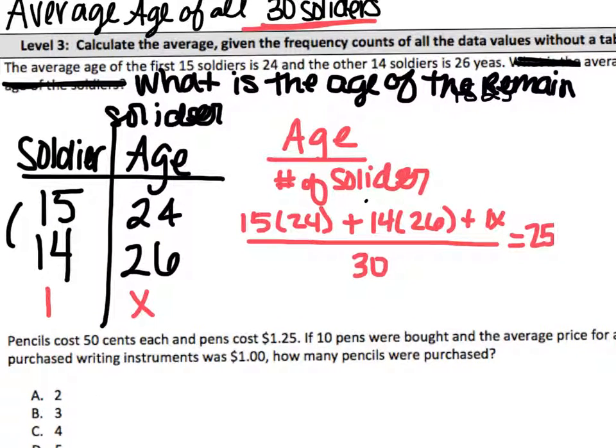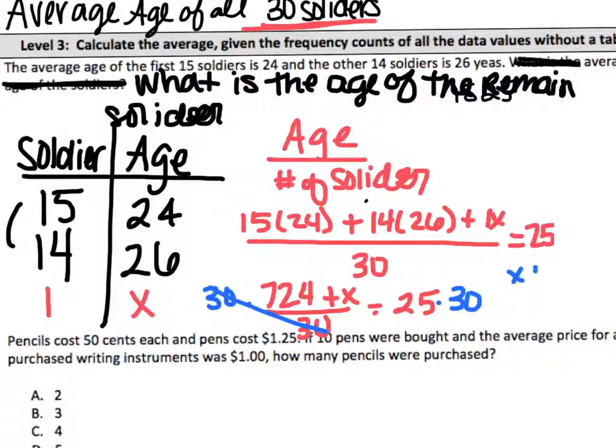Now I'm just going to combine like terms and simplify. 15 times 24 plus 14 times 26 is 724, plus x, over 30 equals 25. Then I'll multiply both sides by 30.